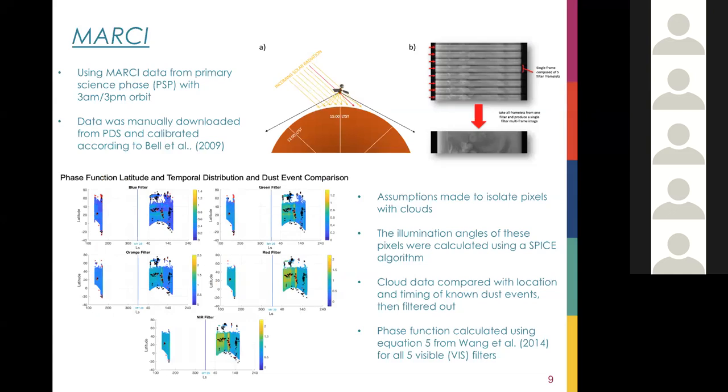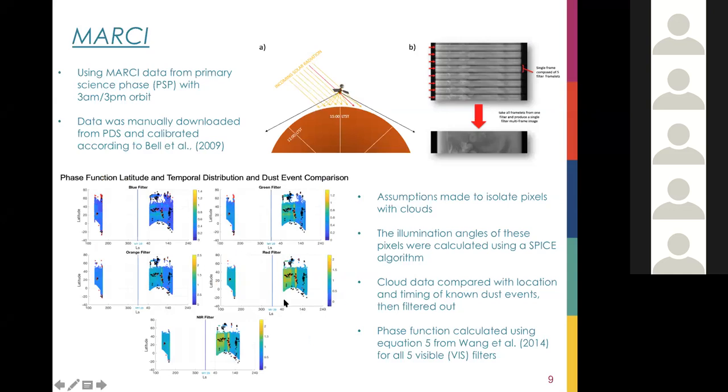And then we used the SPICE information kernel data system to determine the illumination angles and latitude and longitude corresponding to each data point. And we also worked with someone at Harvard who catalogs dust events and overlapped our data with their data to try and minimize contamination from dust in our work.